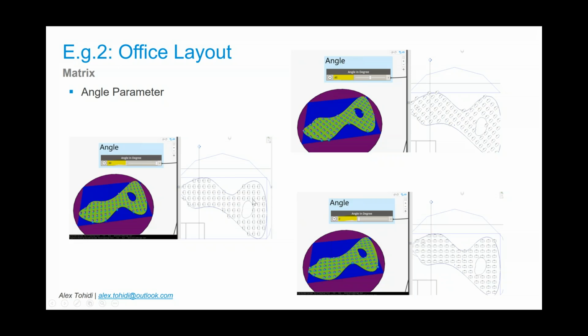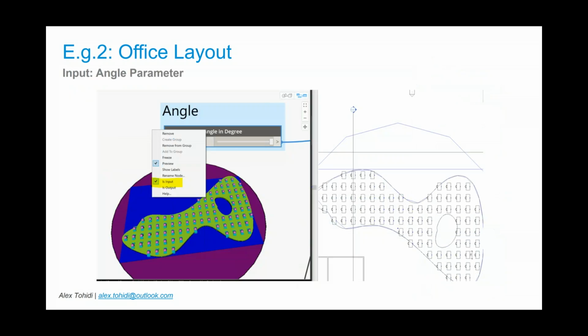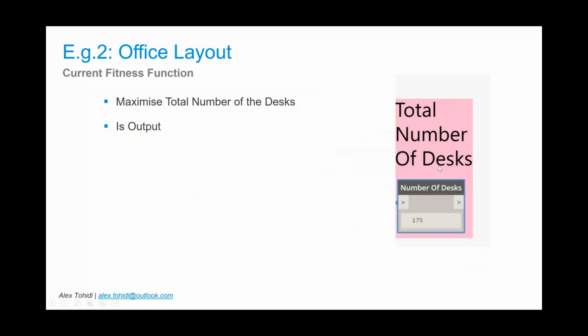One important thing to know is that this doesn't essentially design a floor plan for you. Everything is still in full control of the designer, to draw the field region where they need it to be drawn. So as I said, this is an input parameter, and the output is the total number of desks that we want to maximize. So right click on this and set it as an output.